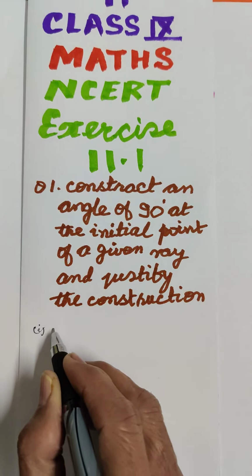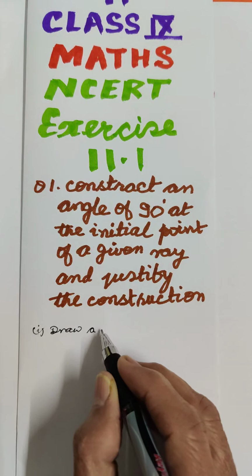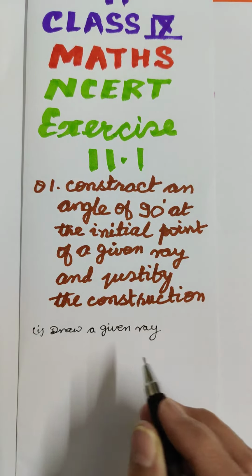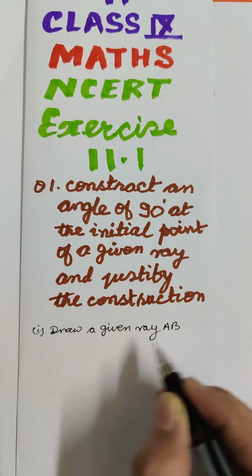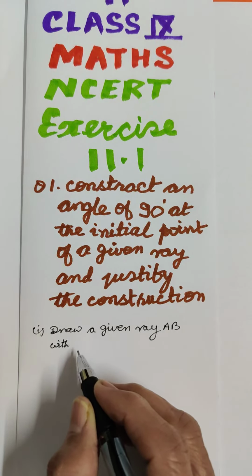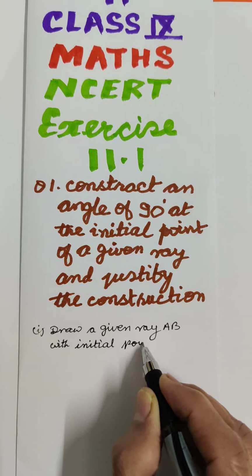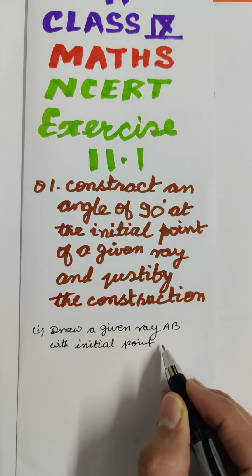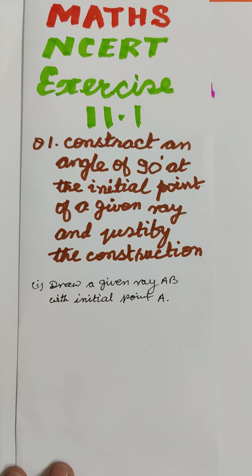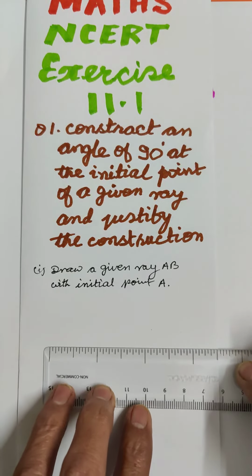Writing the construction also: draw a given ray AB with initial point A. There is a ray with initial point A.